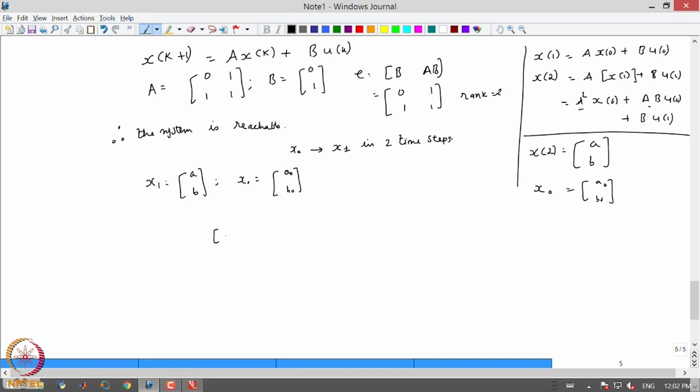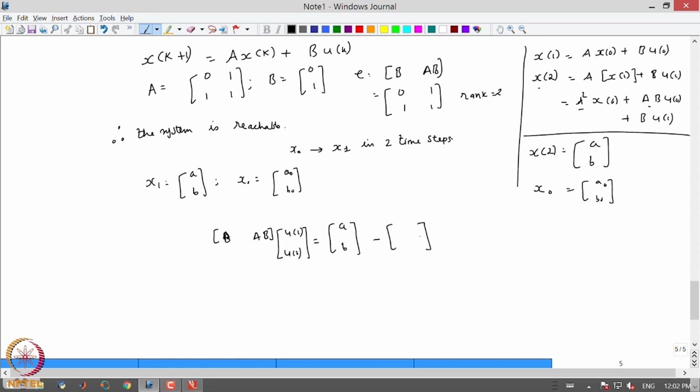I can also write this as B times AB, that is with u1, u naught, is x of 2, that is the final state that I want to reach, minus A squared x naught.